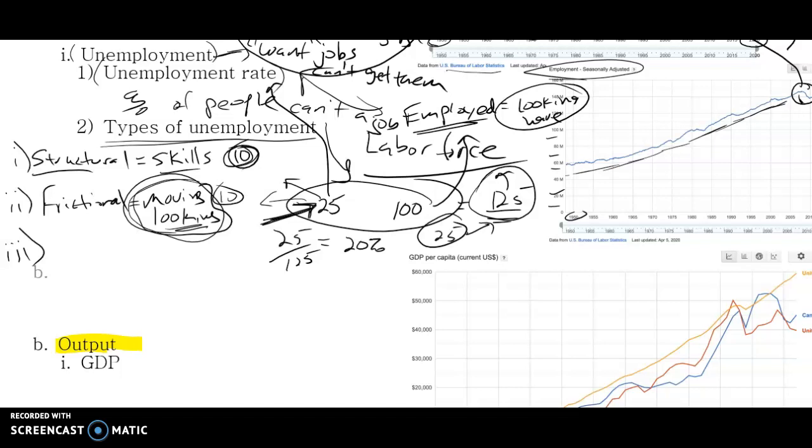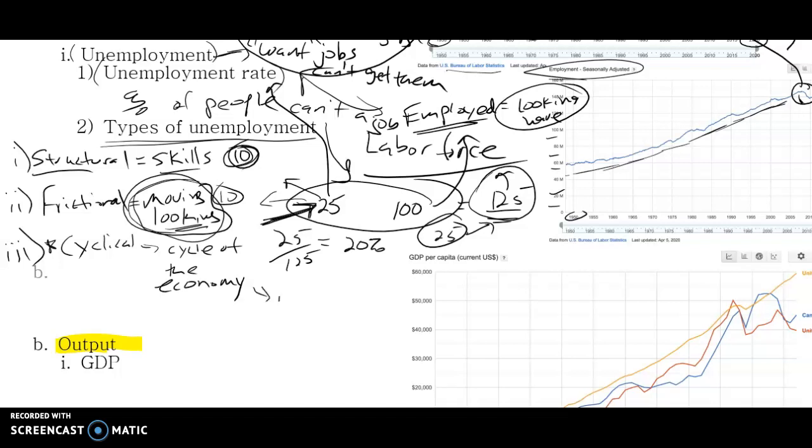Okay, and then the last one is the one that we'll call the bad one, the one that you want to try to avoid. This is the one that economists attempt to stop or solve or fix, and it's called cyclical. Cyclical unemployment has to do with the cycle of the economy, the up and down of the economy.